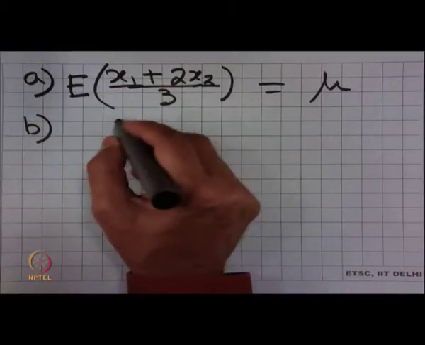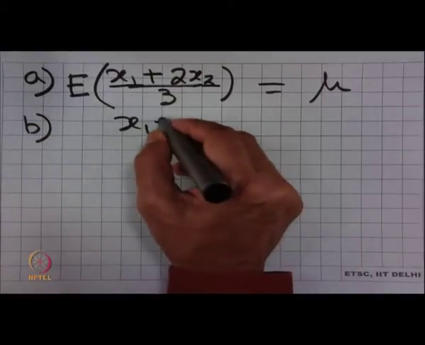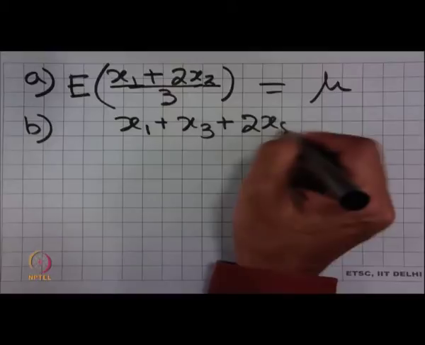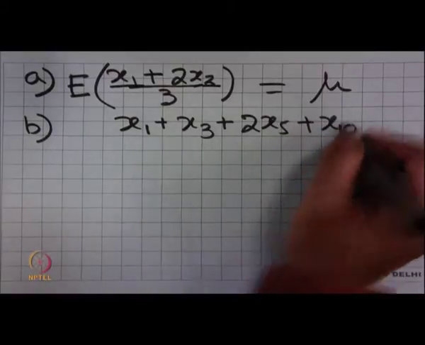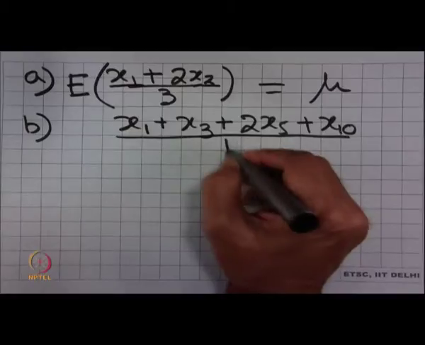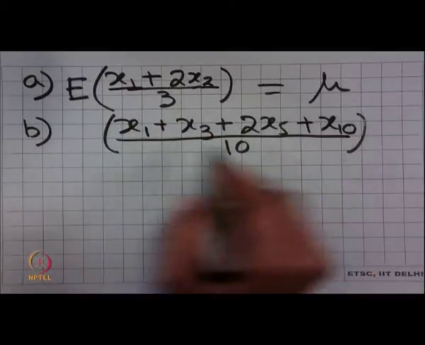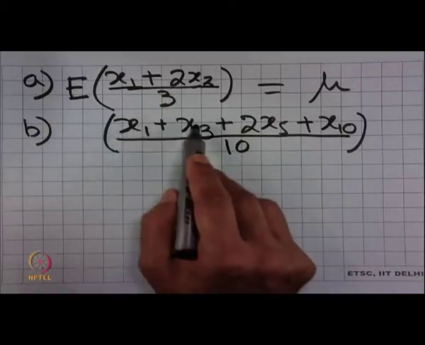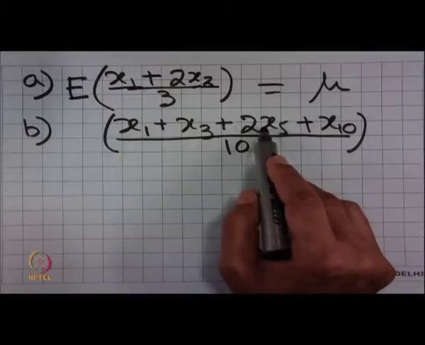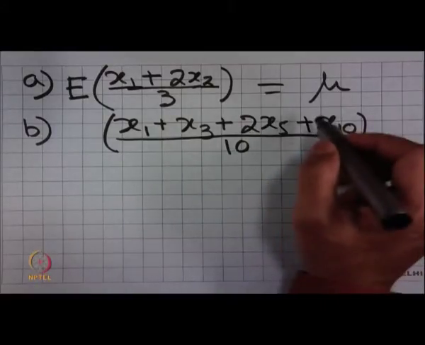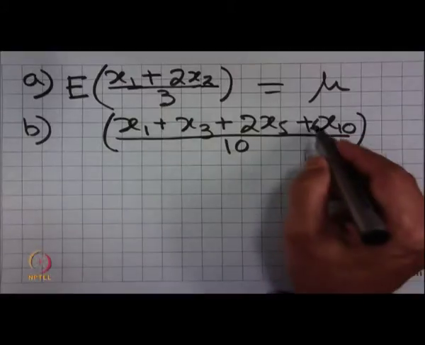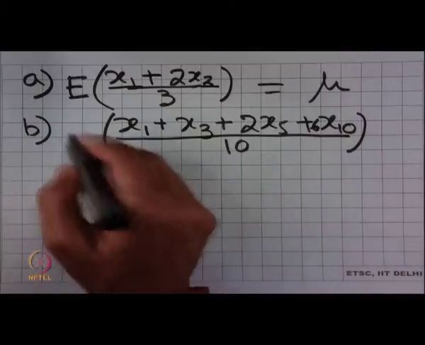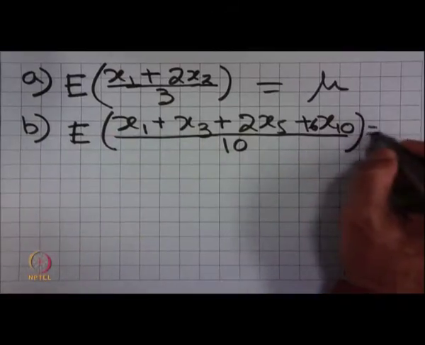In a similar way, let us consider (x1 + x3 + 2x5 + 6x10)/10. What will be its expectation? Expectation of x1 will be mu, x3 will give another mu, 2x5 will give 2 mu and 6x10 will give 6 mu. So, the sum is going to be 10 mu, and divided by 10 is equal to mu.